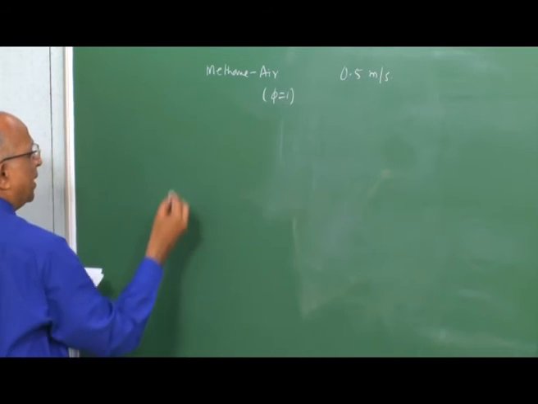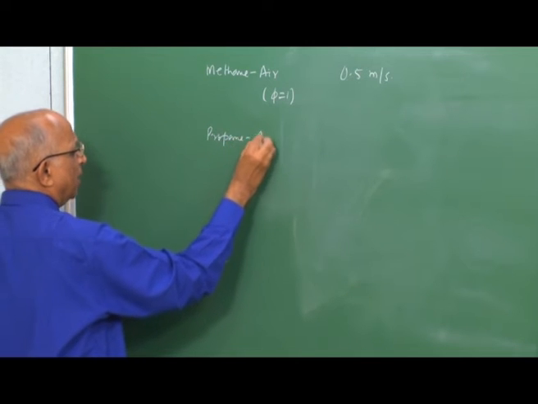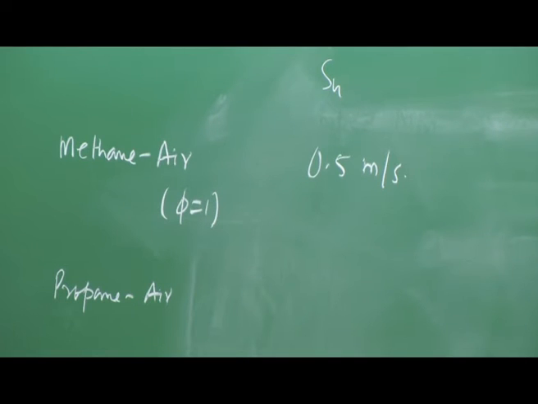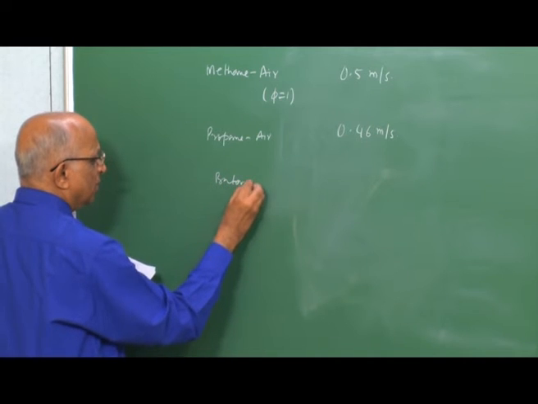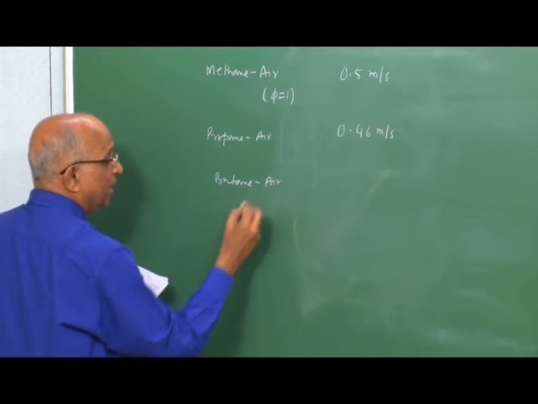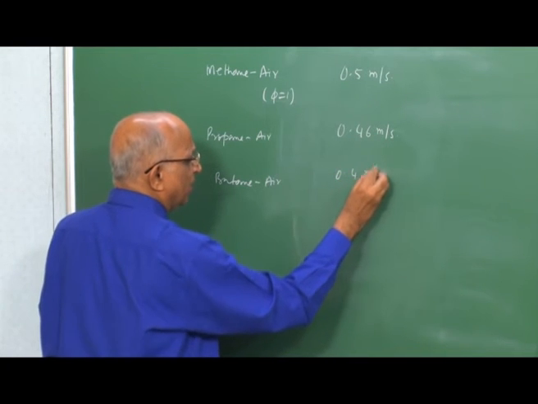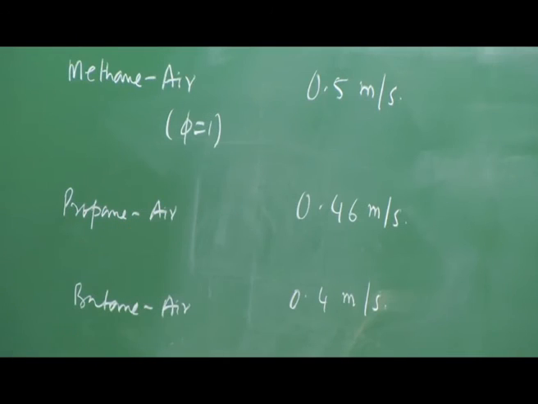If instead of methane I jump to propane air, again at the same stoichiometric mixture, phi equal to 1, I have 0.46 meters per second. If I go to butane air, C4H10 mixed with air in stoichiometric proportion, the value is 0.4 meters per second. Therefore, we find for these alkanes the speed is around 0.5 meters per second.